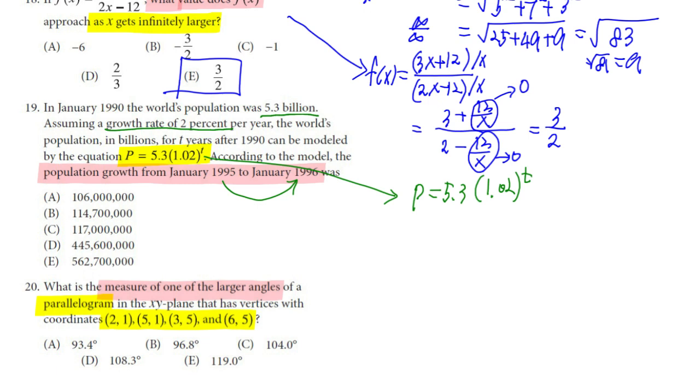So the difference can be found by here. You can plug in 6 and 5, right? Because t is the number of years after 1990. So the difference will be 5.3 times 1.02 to the 6th power minus 5.3 times 1.02 to the 5th power.